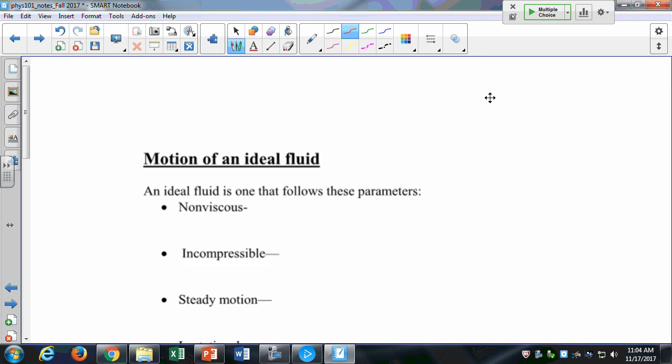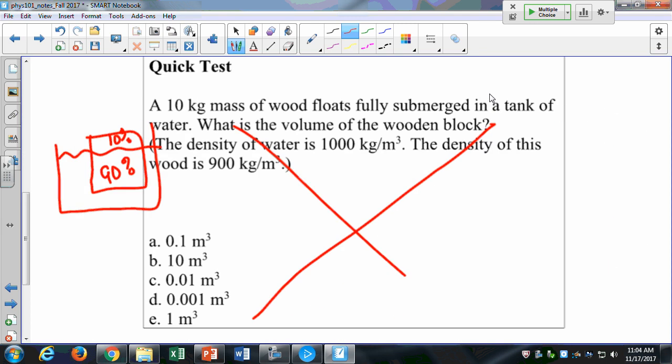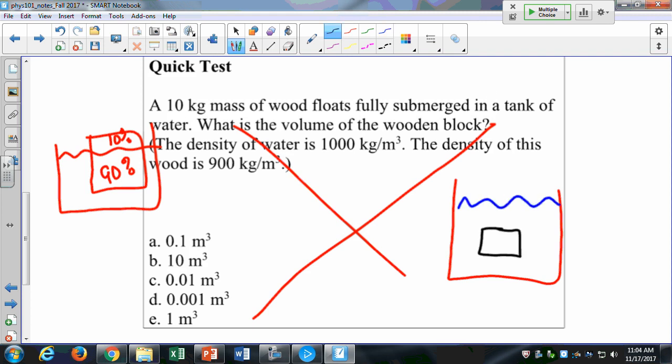Okay, can you repeat? Well, if you really wanted to make it right, you would have to have the object in a fluid, but yet it would have to be tied down somehow to the bottom.